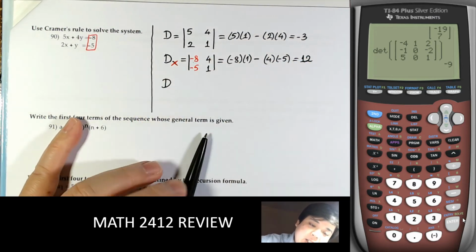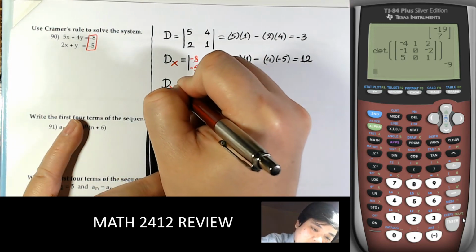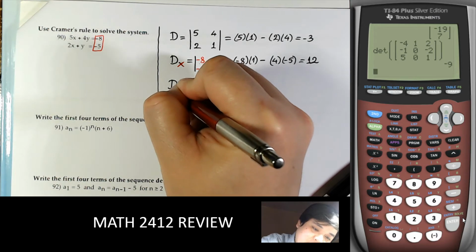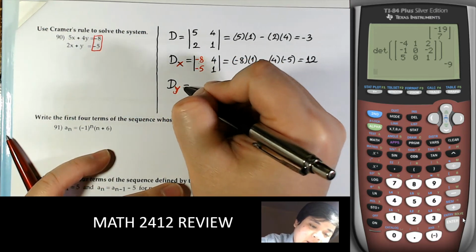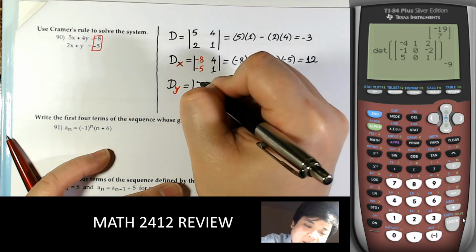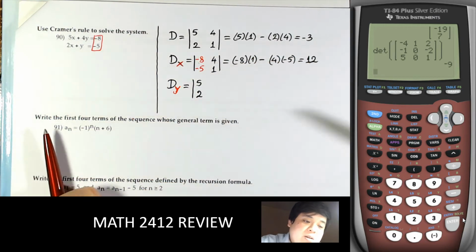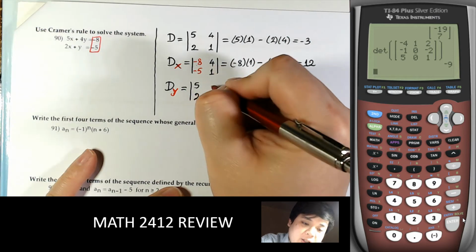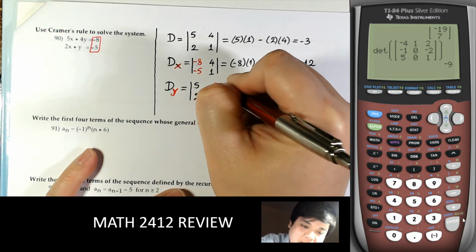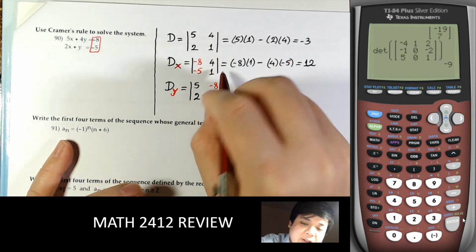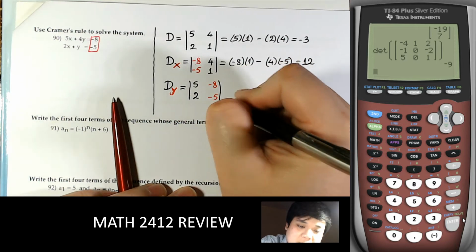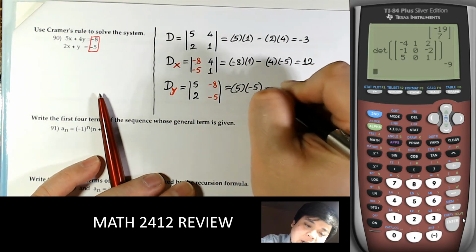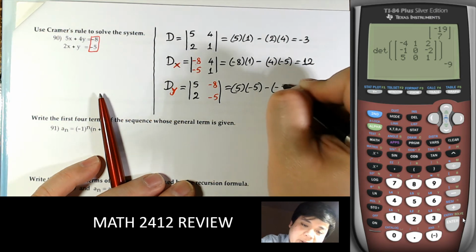And then dy, that is lowercase. So we have that. But instead of the coefficient of y, we use the constant. So -8 and -5. So 5 times -5, subtract -8 times 2.